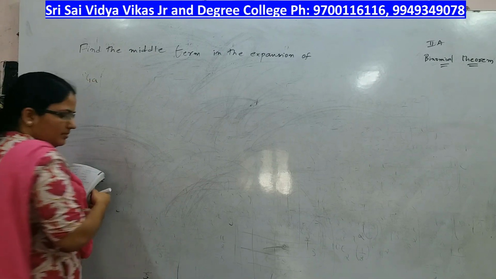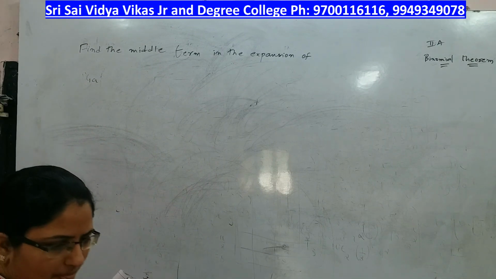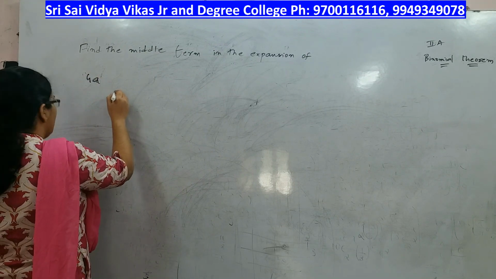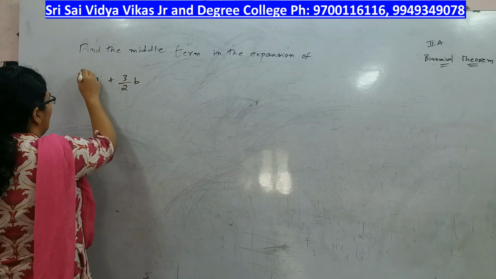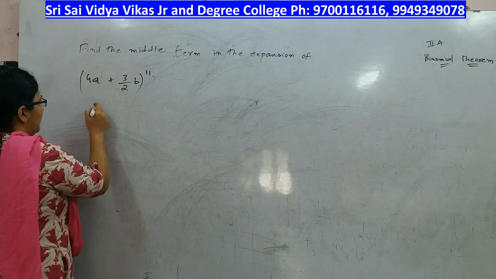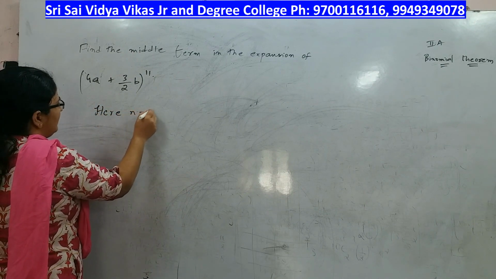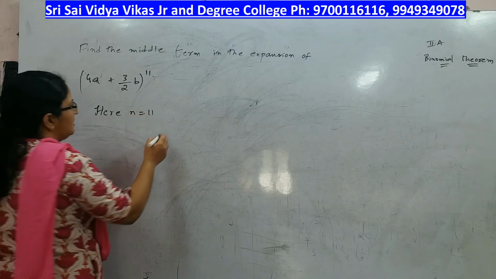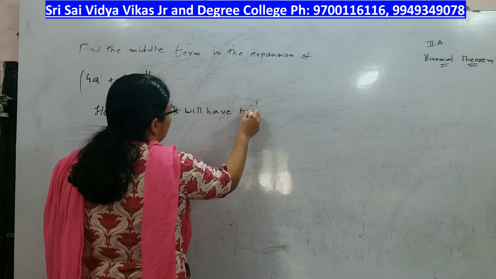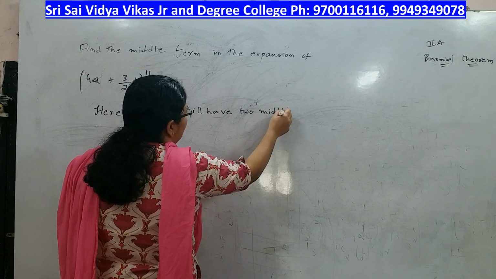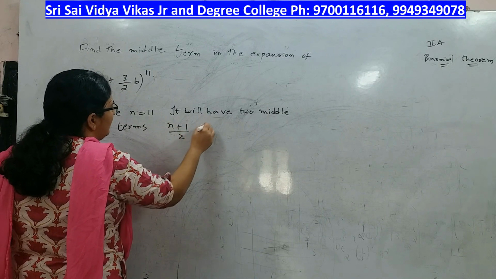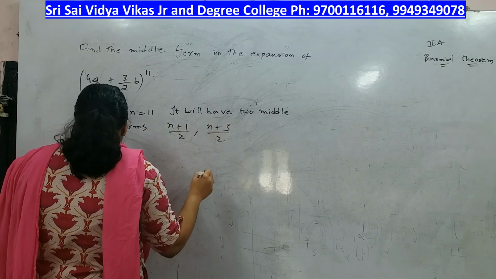(4a + 3/2 b)^11. Now here n is equal to 11, so it will have two middle terms, which are the (n+1)/2 and (n+3)/2 terms.